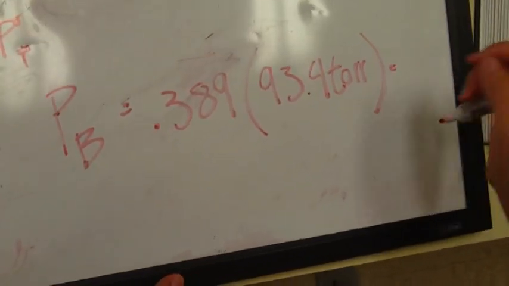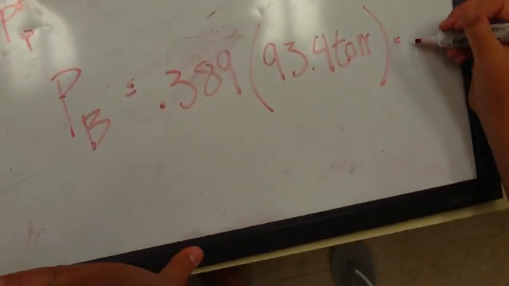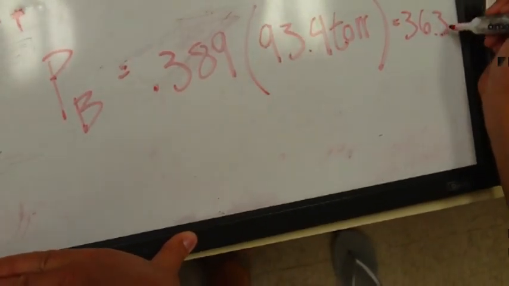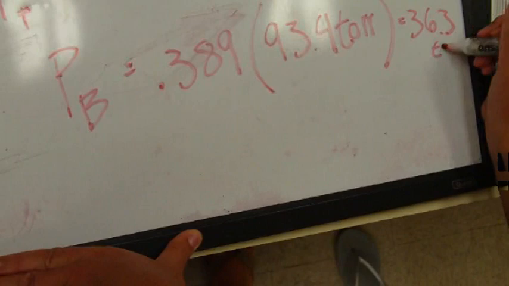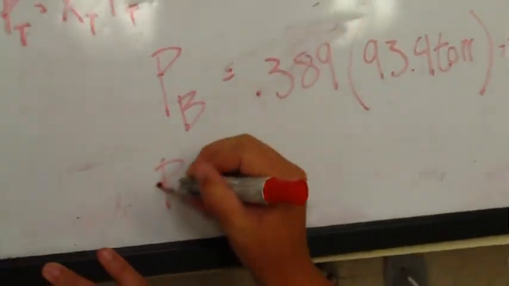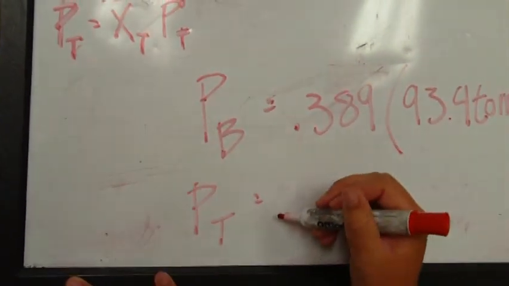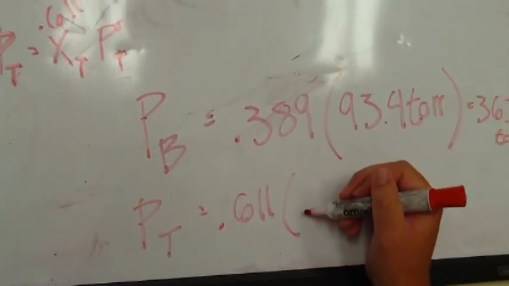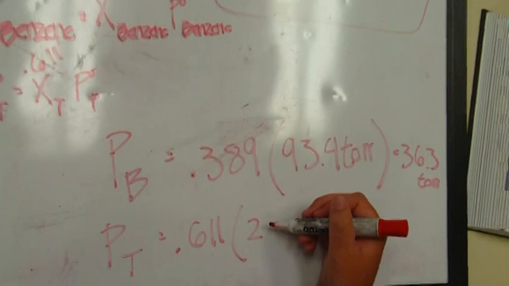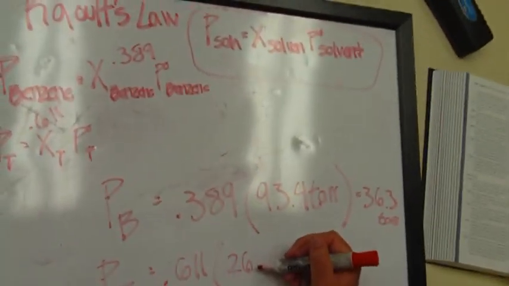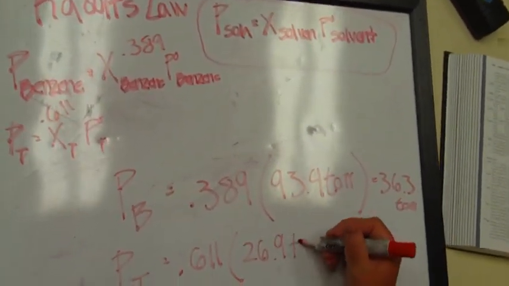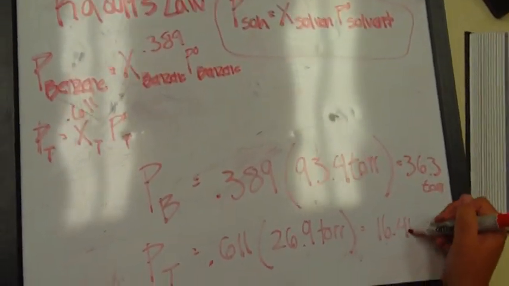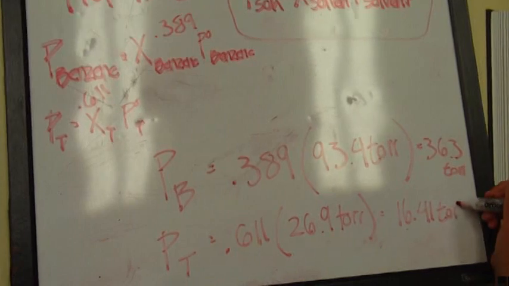When we do that multiplication, we get 36.3 torr. And then the pressure for the toluene is going to be 0.611 times the partial pressure, which is given as 26.9 torr. You get 16.4 torr.